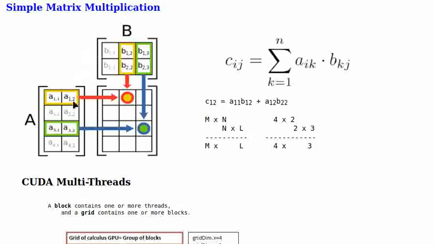This diagram shows matrix A times matrix B to give us matrix C. The dot product of a row vector of A and a column vector of B will give a corresponding element of C, by this formula. So if A is m by n and B is n by L, then C is m by L.